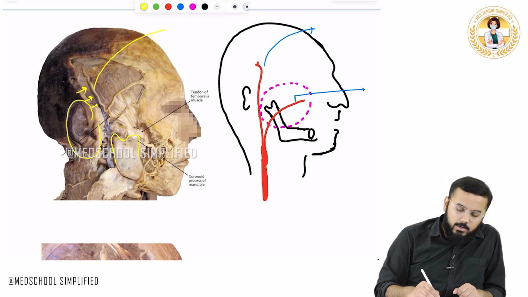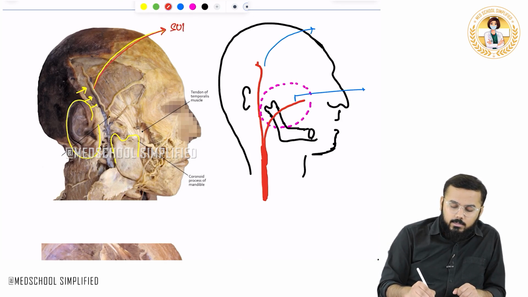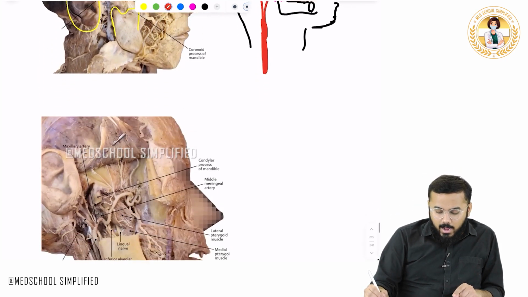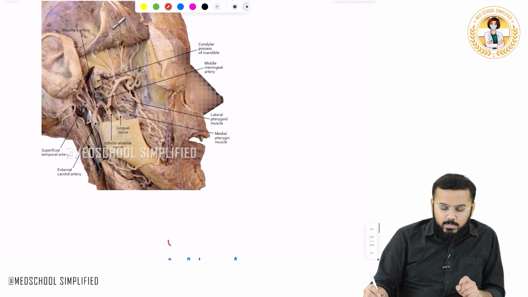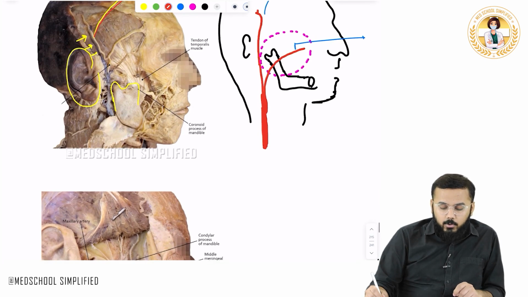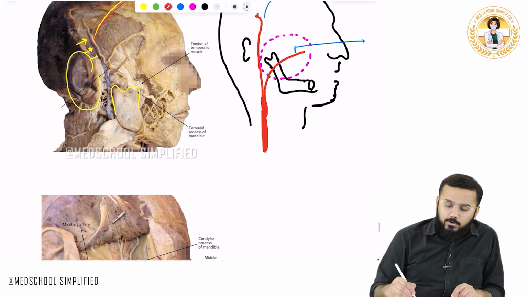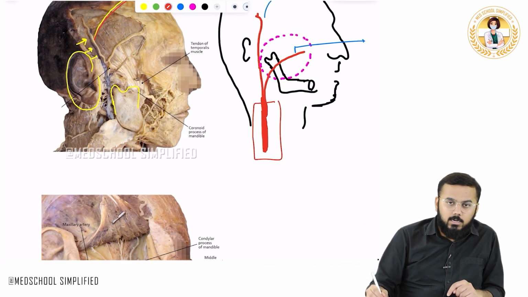Okay, so this particular artery is superficial temporal artery. Okay, after the superficial temporal artery, look at this particular. Superficial temporal artery is a branch of what? External carotid artery. You see this particular segment is called external carotid artery.